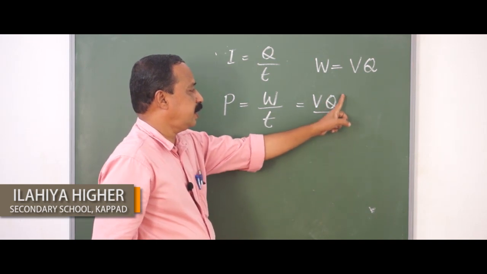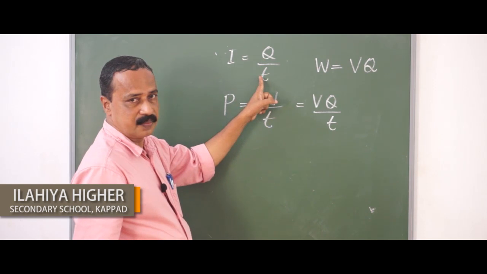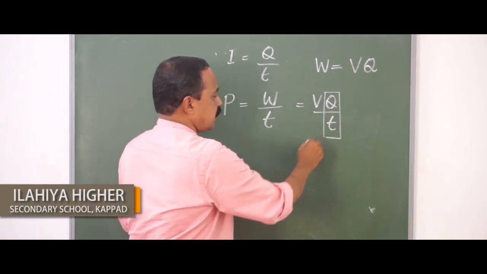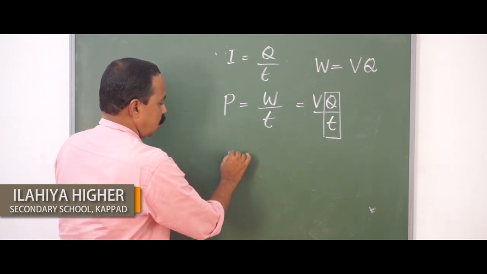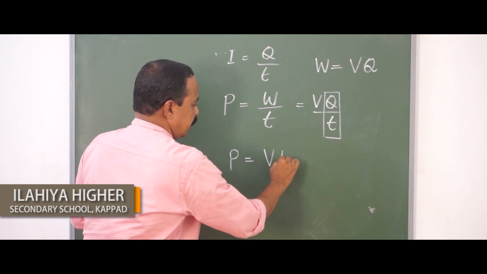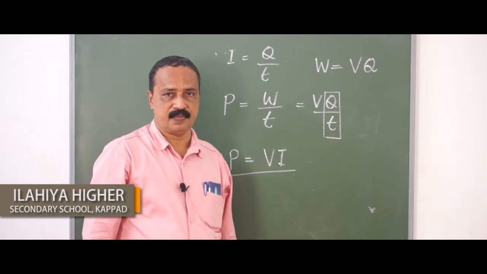Q by T equals I. So instead of Q by T, we can write I. So power developed is equal to V into I. Here power is equal to V into I.